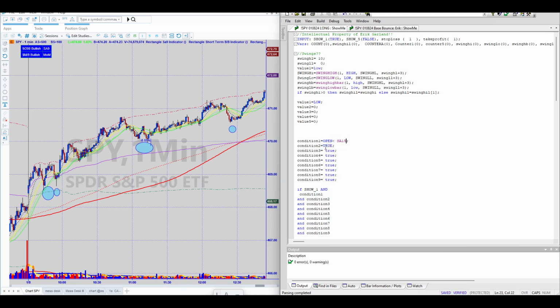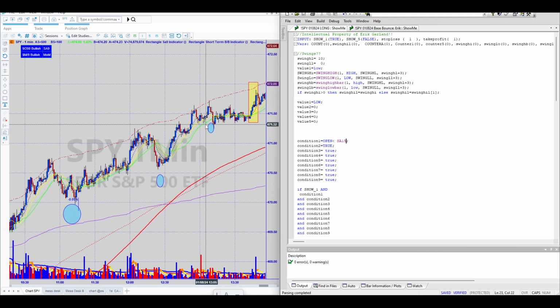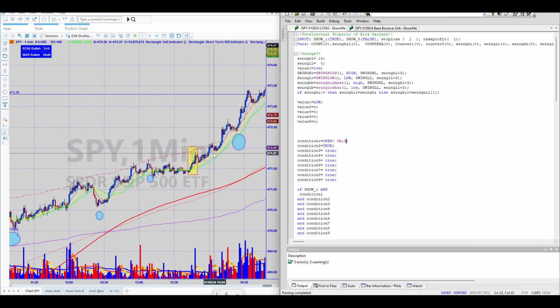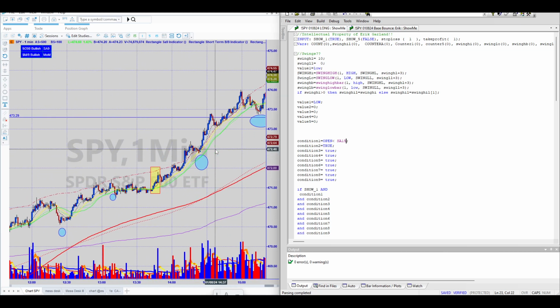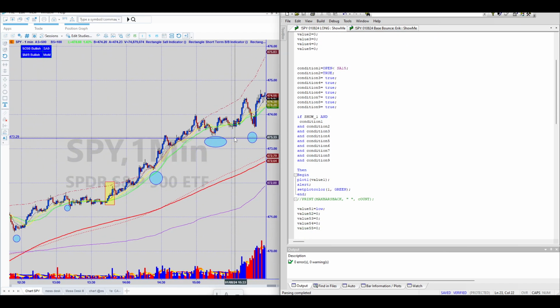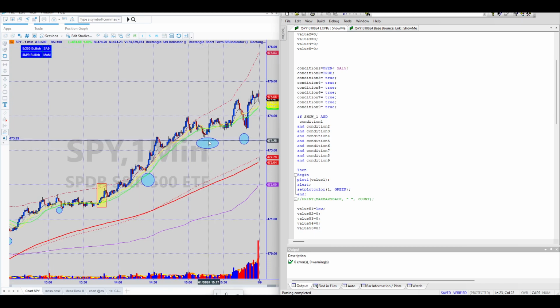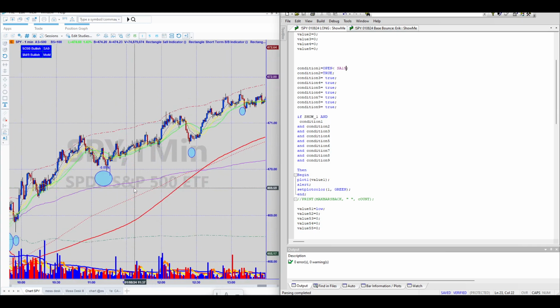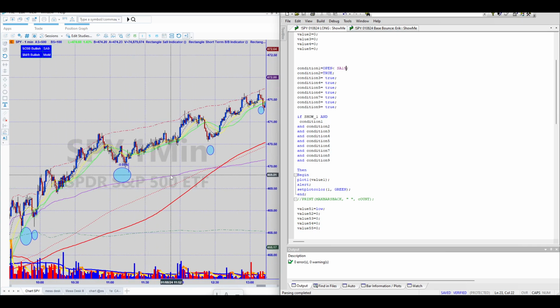Probably got to say that it's got a wick, but all these have wicks. These do though. It's under the 15 and the 25.